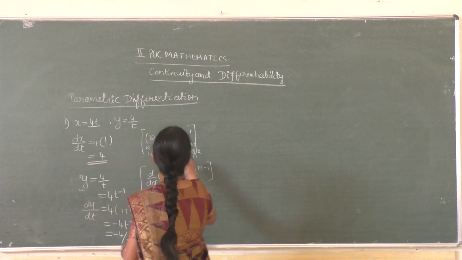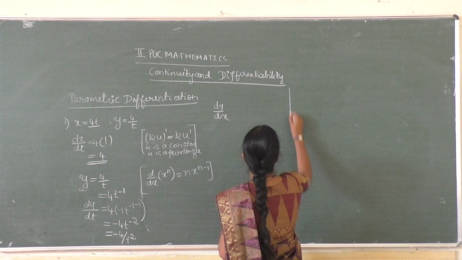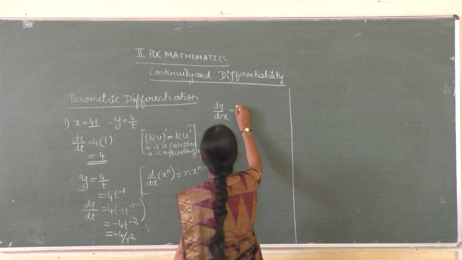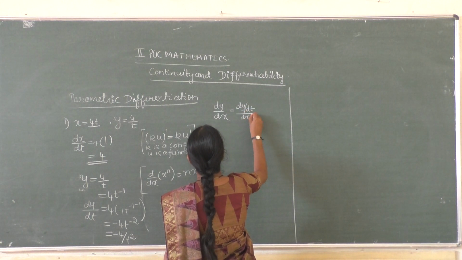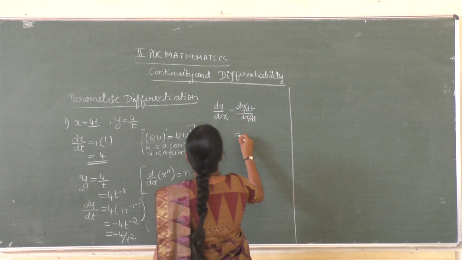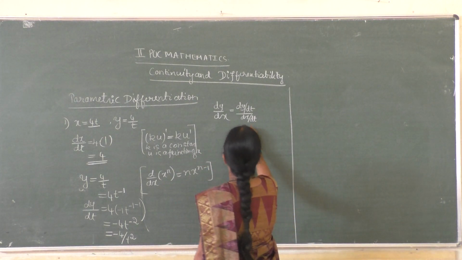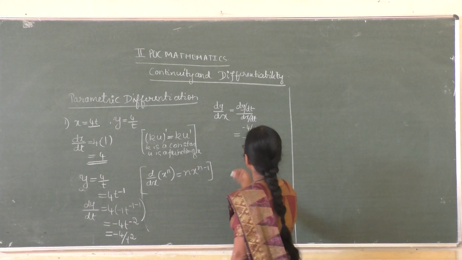Therefore, you have to find dy by dx now. That is nothing but dy by dt divided by dx by dt, that is minus 4 by t square divided by 4.